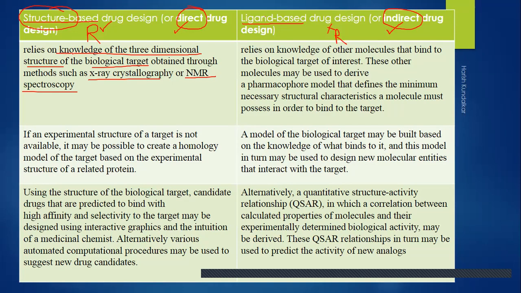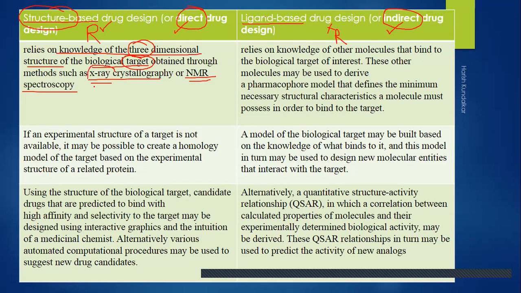So it relies on the knowledge of three-dimensional structures of the biological targets, which are obtained through methods such as X-ray crystallography and NMR spectroscopy. X-ray crystallography basically is the most widely used method for finding out the three-dimensional structures of the proteinaceous targets.